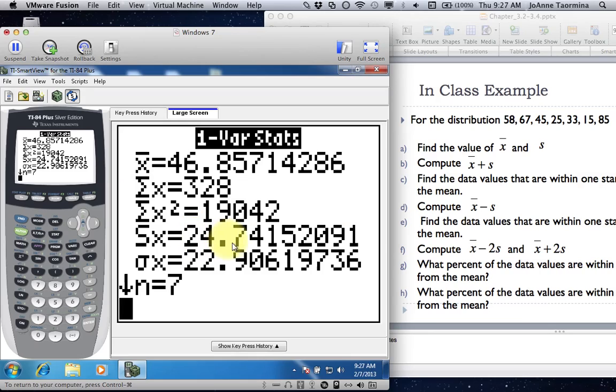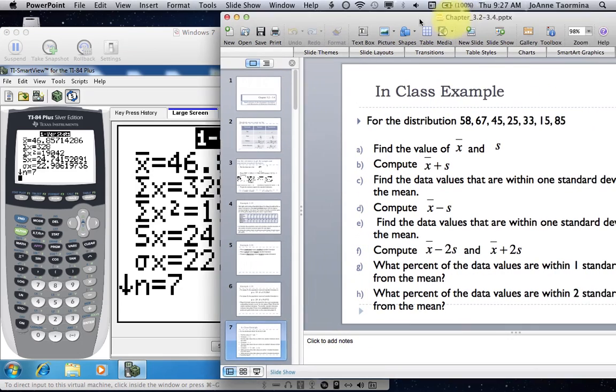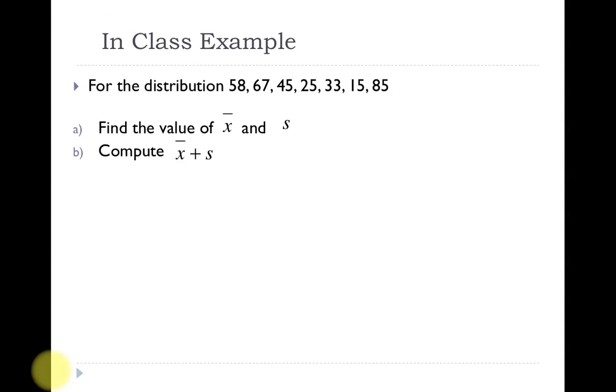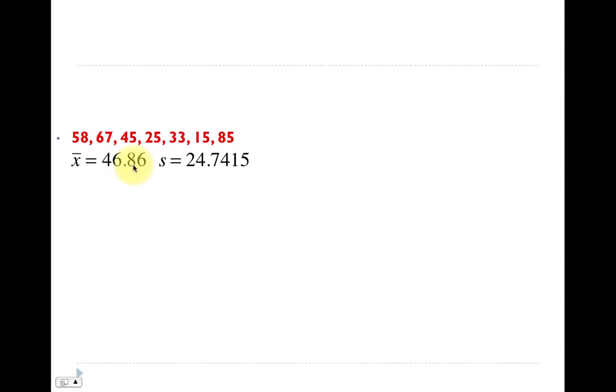S is 24.7415. Okay, so 46.86 is our mean and 24.7415 is our standard deviation.